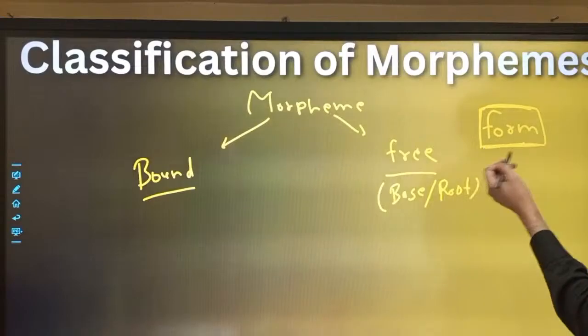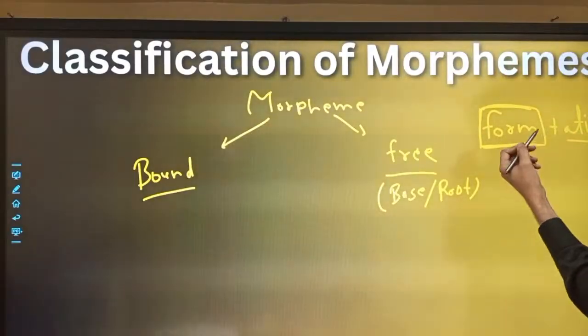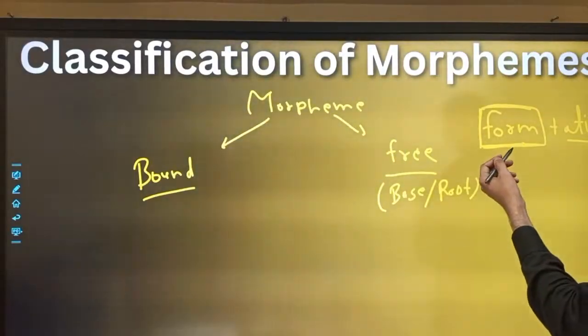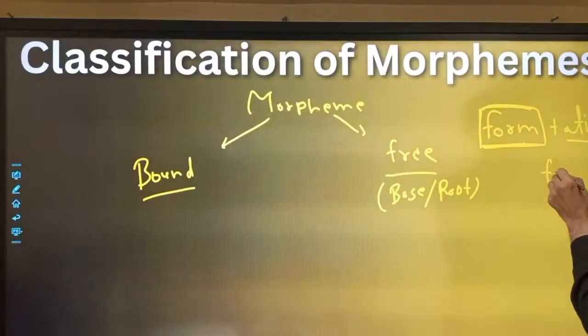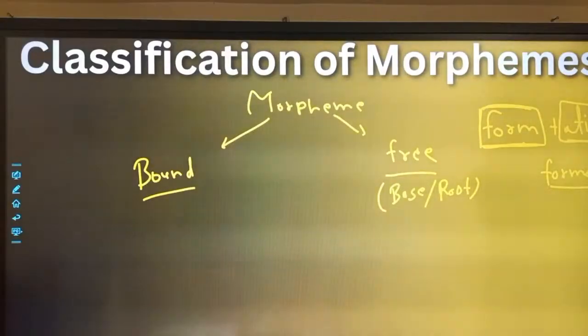And if we add ation, this is the suffix, then it becomes formation. So this ation is a bound morpheme.